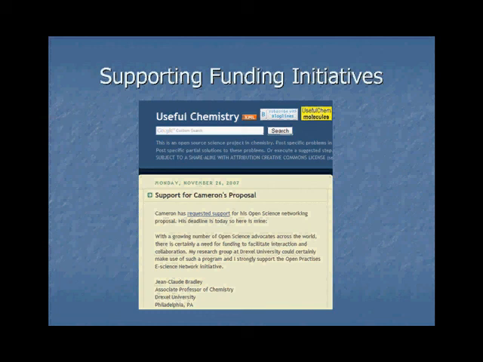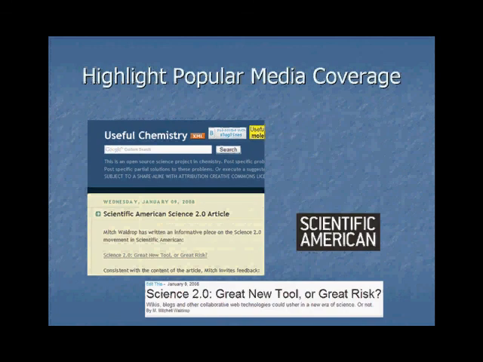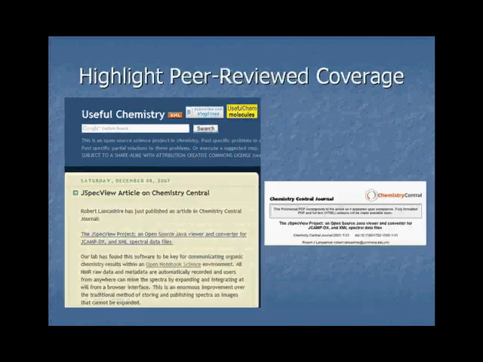Okay. So again, real quick, next, supporting funding initiatives. I'll just step through these pretty quickly because I know we're running out of time. Highlight popular media coverage. If Useful Chem gets covered by media, I will obviously put that in the blog. Highlight peer-reviewed coverage.